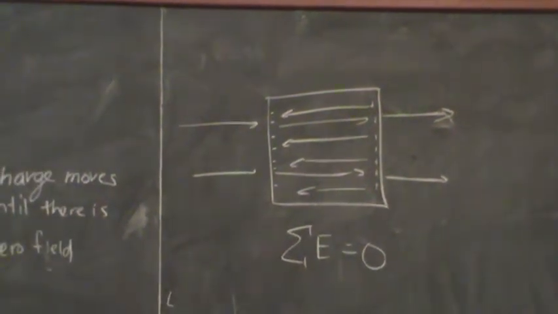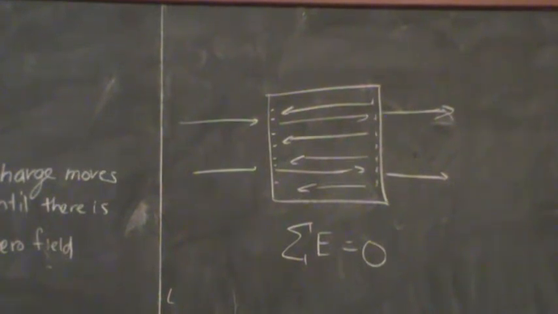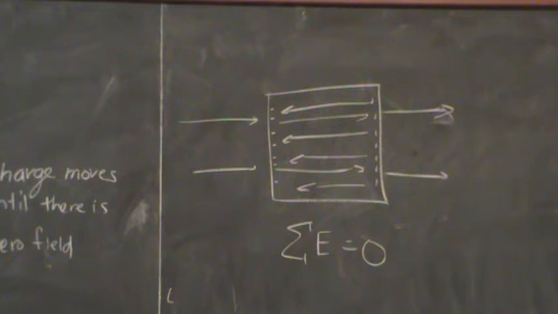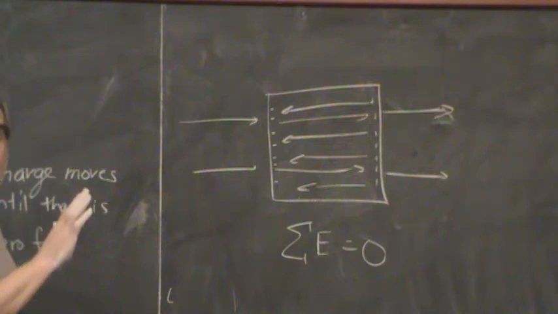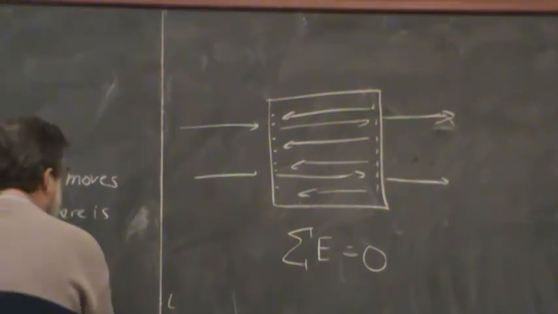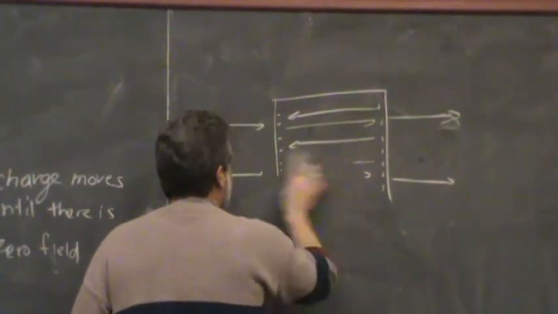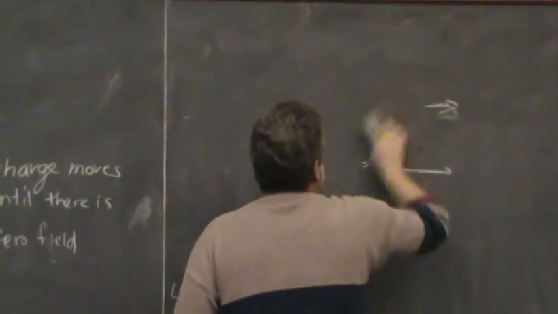So inside a conductor, the electric field in electrostatics is 0. Later in this course, we're going to get into electrodynamics, where we have to worry about how quickly the conductor can respond, right? But for now, in electrostatics, the field is 0. The macroscopic field is 0.